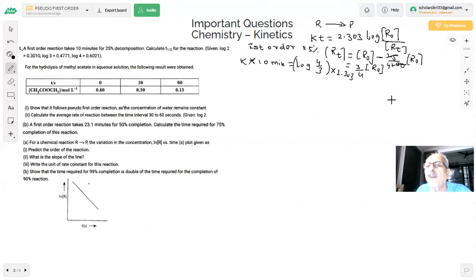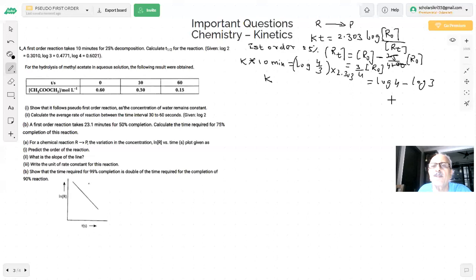So you have to find the value of log 4 minus log 3. What are those values? He has given 0.602 and 0.477. You can substitute these log 4 and log 3 values here, multiply by 2.303 and divide by 10, and you will get the k value from this equation.